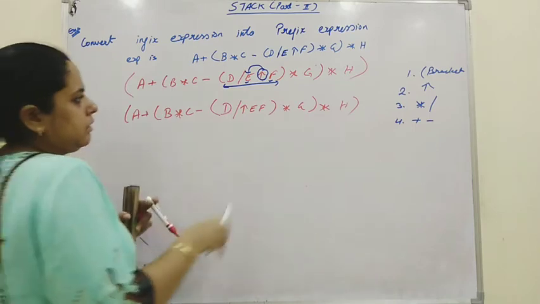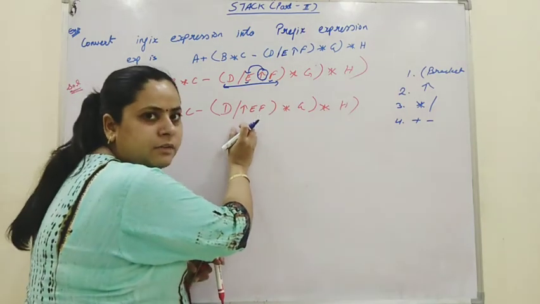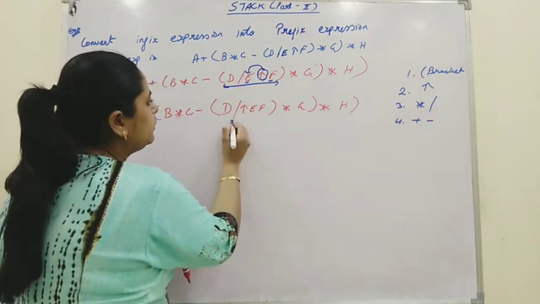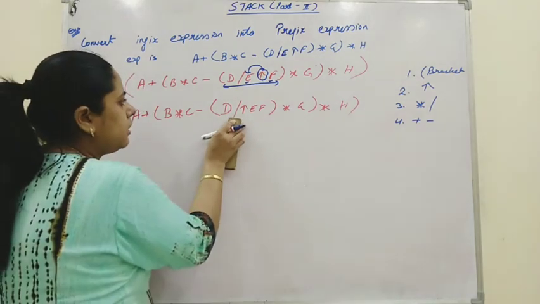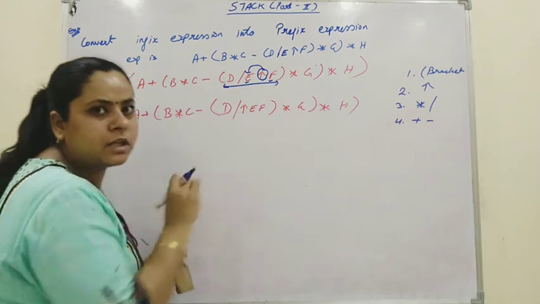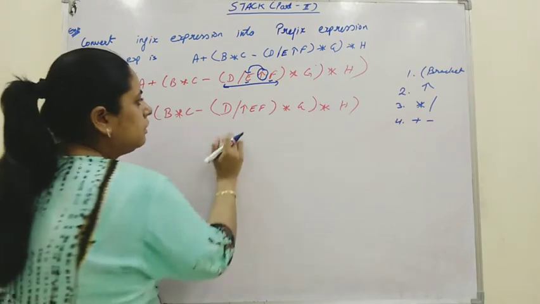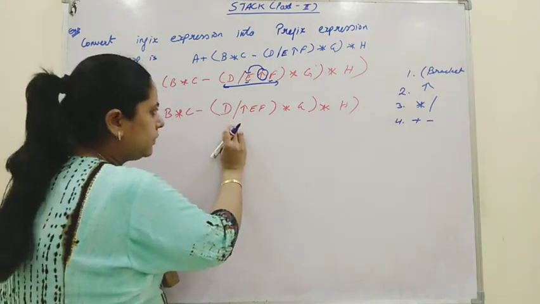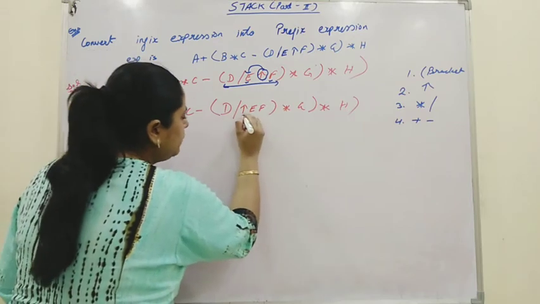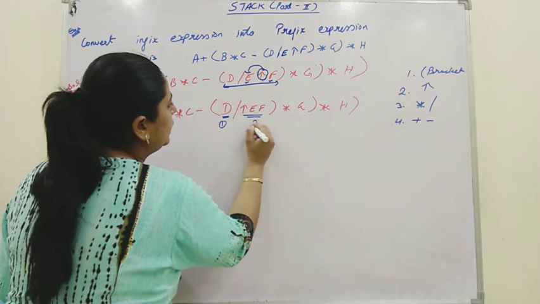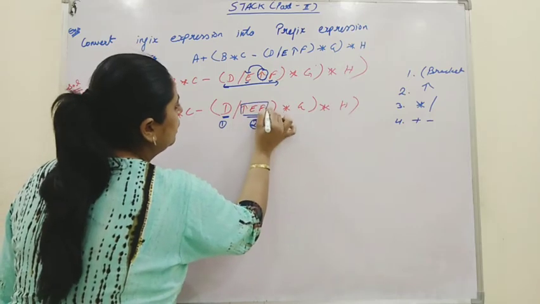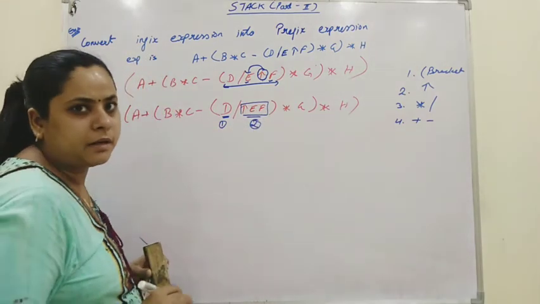Now, did we evaluate each and every operator? No. Still we are left with which operator? Division. We didn't work on it. So now we will work on this operator. Now, we will consider this as first operand and this whole as second operand.